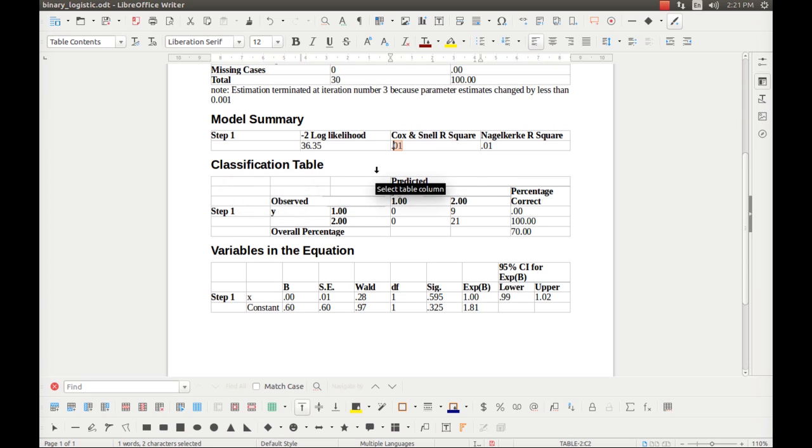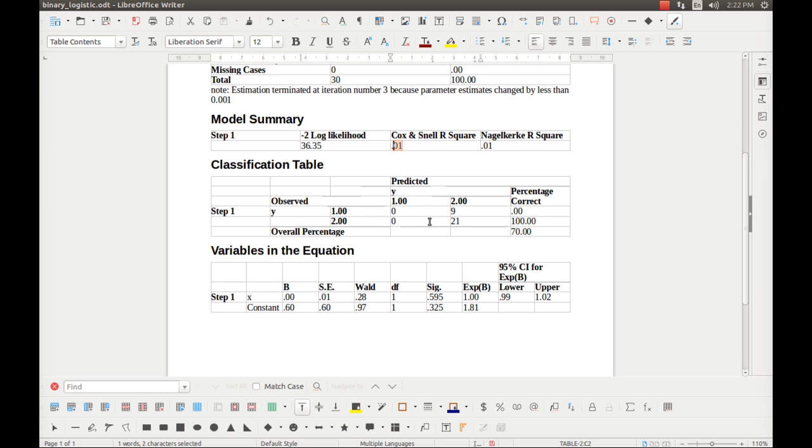Now let's go to the classification table. This is also called the confusion matrix. Right now, if you look at this data, the percentage of correct responses is 100% for the category favorable, and 0% for the other category.